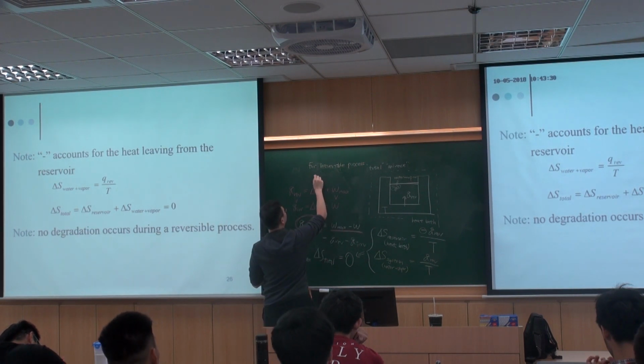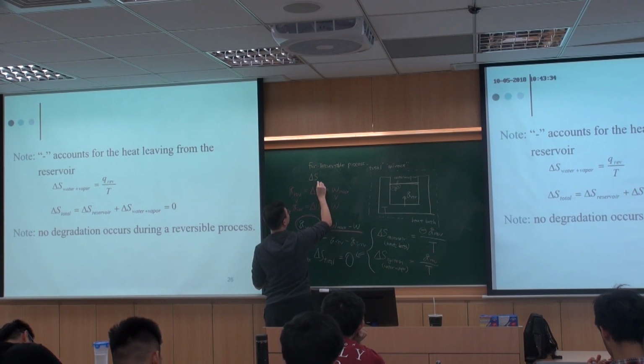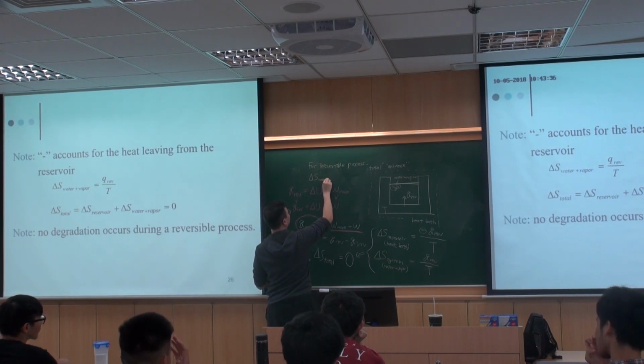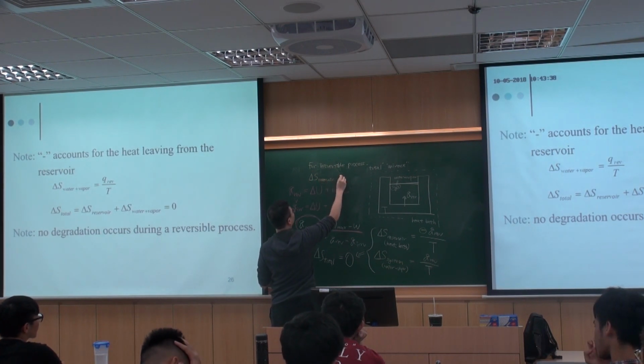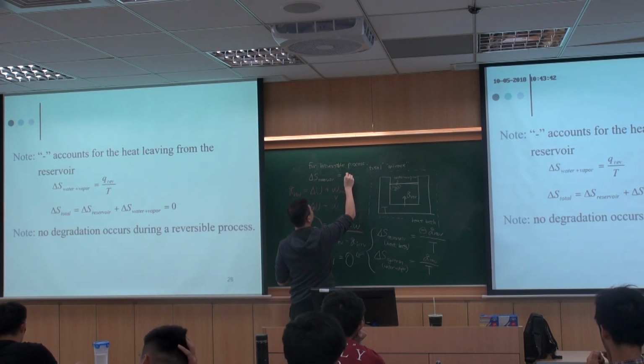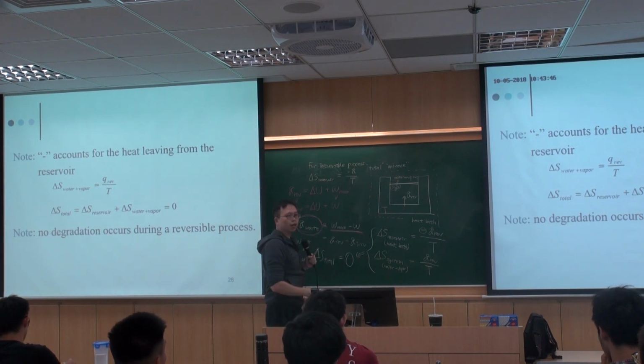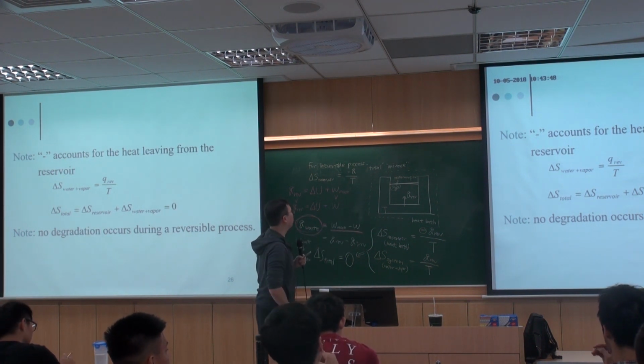let's say delta S of the reservoir is minus Q over T. And we know that this Q is less than Q reverse.